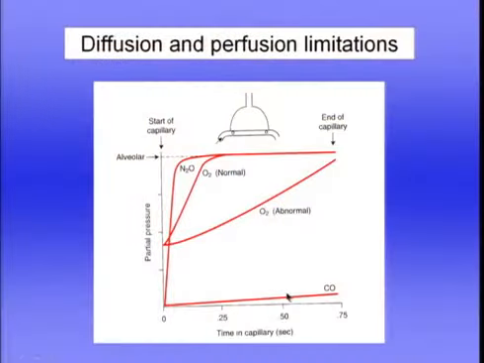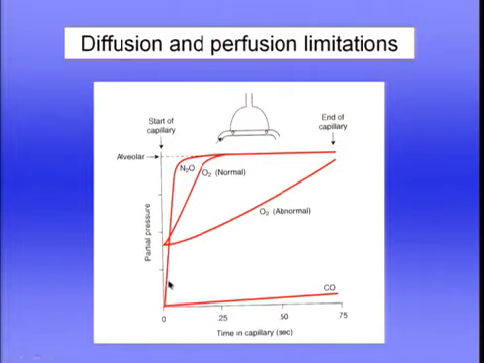If you divide the volume by the flow rate, you get the time spent in the capillary as 0.75 of a second. So that's where that number comes from. So it's quite clear that things must change very rapidly during loading of gases in the pulmonary capillary.